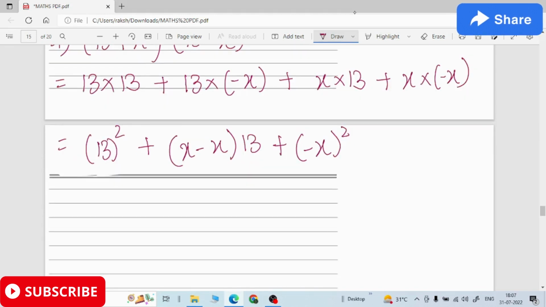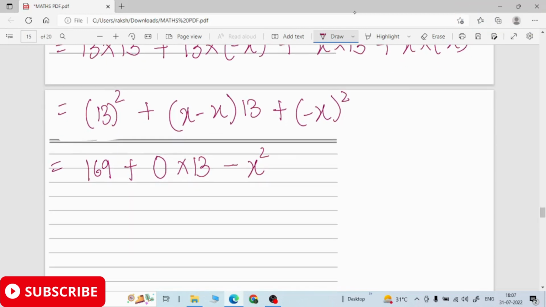So next, 13 square is 169 plus minus minus, that is 0 into 13, and minus x square. Can we leave the formula like this with this sum? No. So 169 plus 13 into 0.